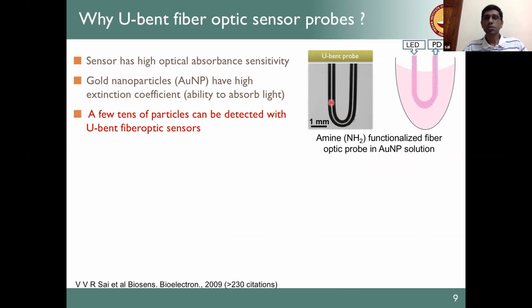What you see is 200 micron, and we have bent it into a U shape. When we do this, the light matter interaction improves.